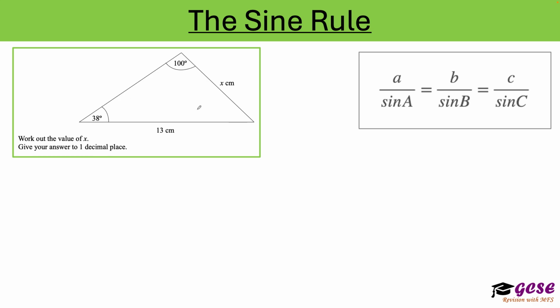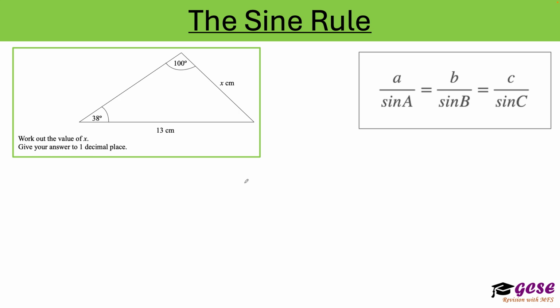As you can see, we have different angles here. Therefore, if we have a triangle that doesn't have a right angle, we would either be using the sine rule or the cosine rule. Okay, and we will decide when to use what in a later video. But in this video, we're just going to be looking at how we can work out the length of a side using the sine rule.